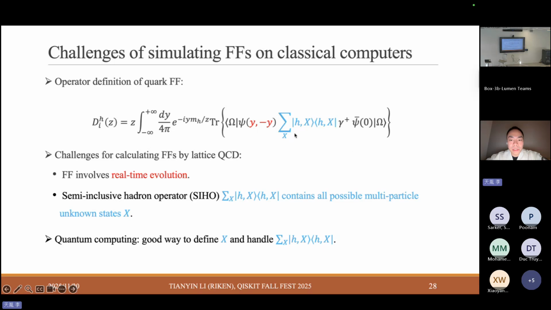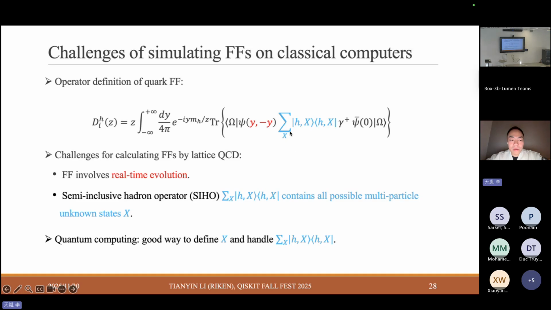What's worse, there is a semi-inclusive hadron operator inside the operator definition, and the sum over X is a sum over all possible multi-particle unknown states. This summation has an exponentially large number of terms, so it is very challenging to simulate on a classical computer.